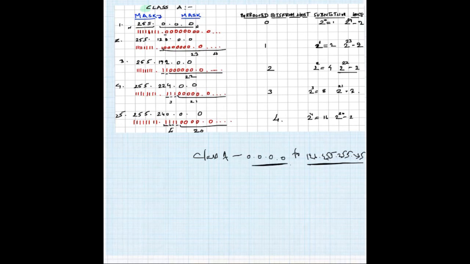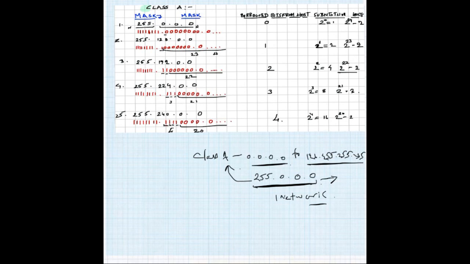This is the class A address range. Now the default subnet mask for any class A address is 255.0.0.0. This is the only subnet mask available in class A address. But if this is the only subnet mask available, then only one network is possible.